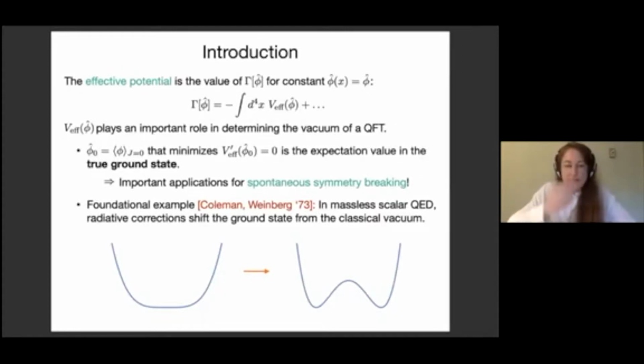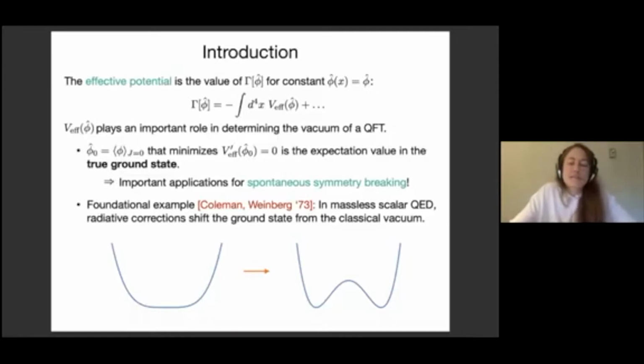So if I minimize the all orders effective potential, this is the true expectation value in the vacuum of the theory, and the value of the effective potential at this point is the energy density of the vacuum. Therefore, this implies important applications for spontaneous symmetry breaking.